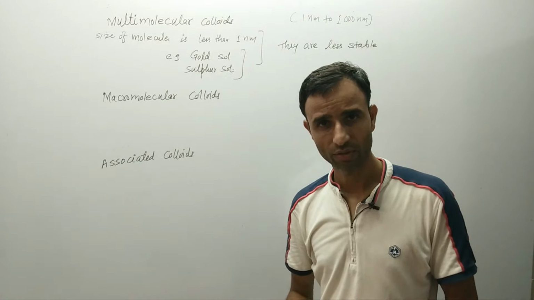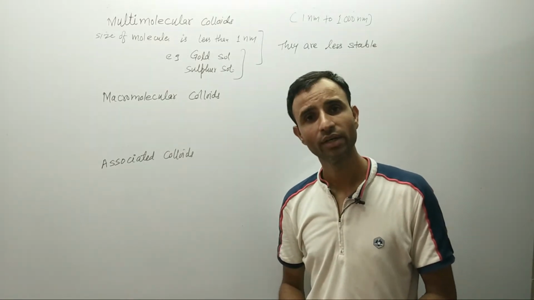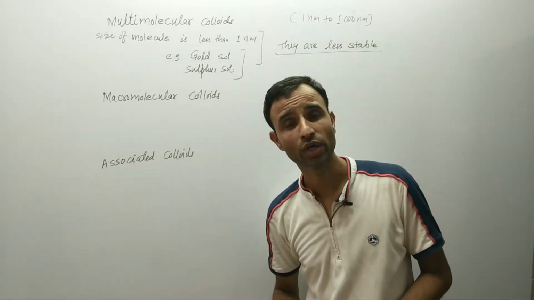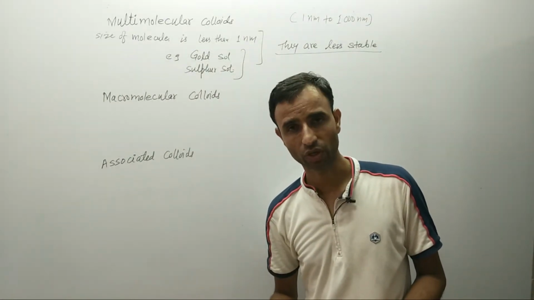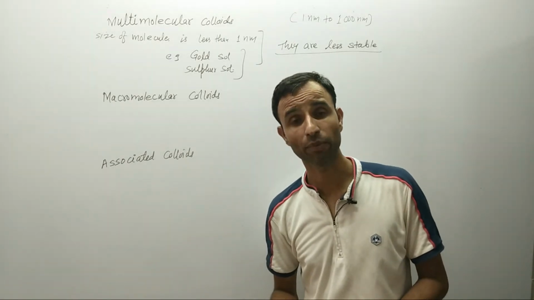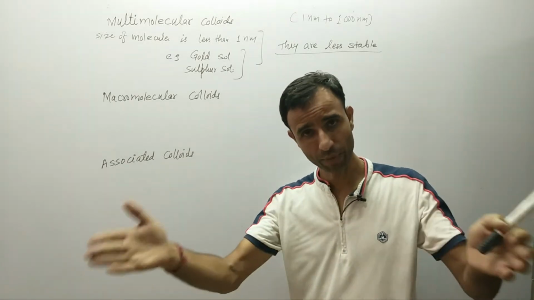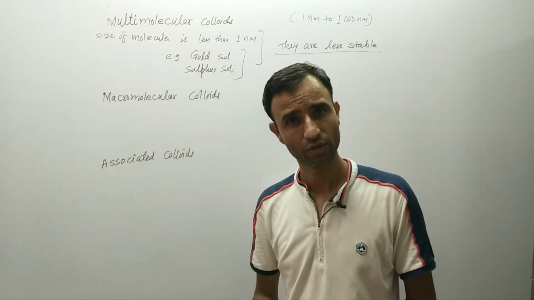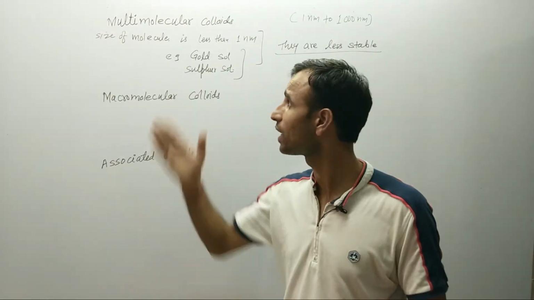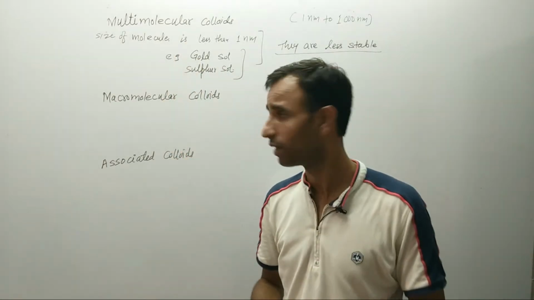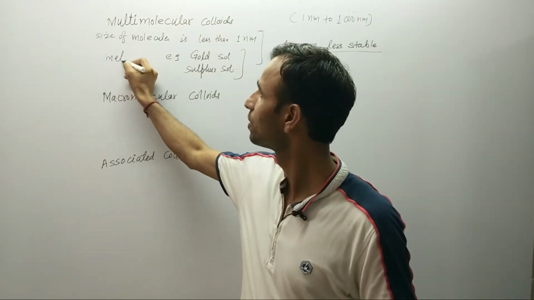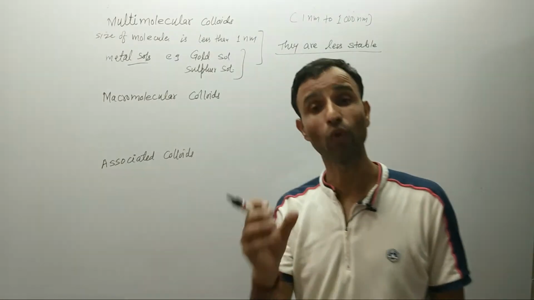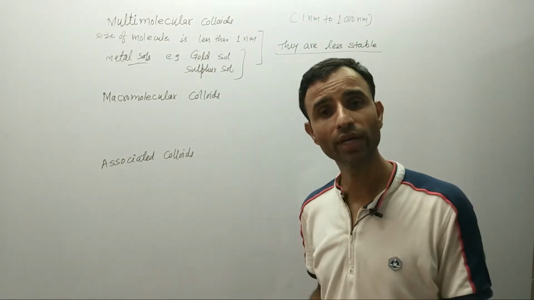They are not quite stable, because when we increase the temperature or something happens, the molecules may separate, and that's why multimolecular colloid can break. Metal sols are under the category of multimolecular colloid. Got it? And there is a van der Waals attraction between the different molecules.